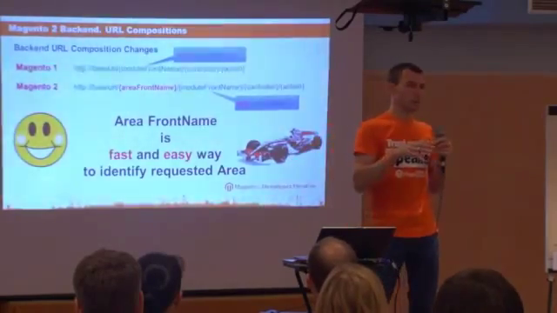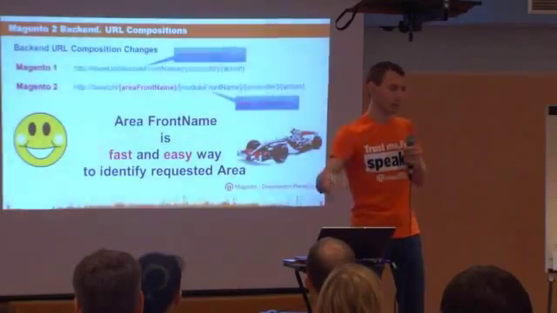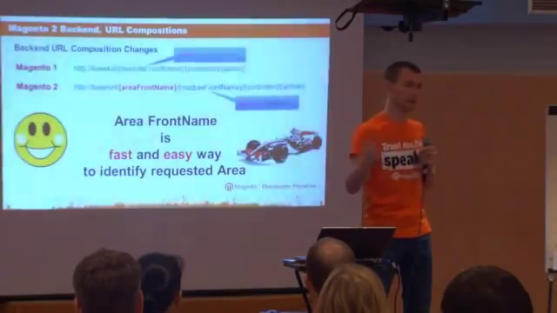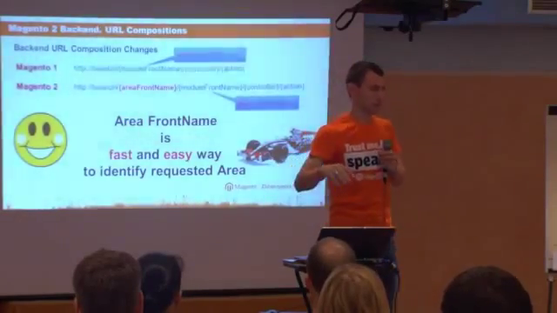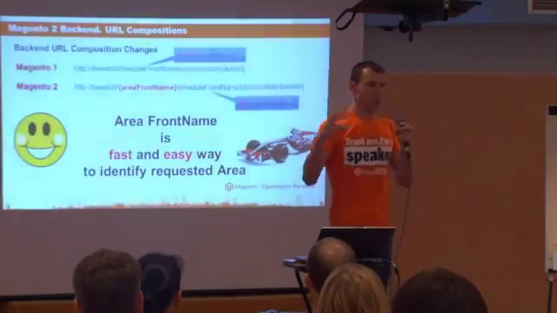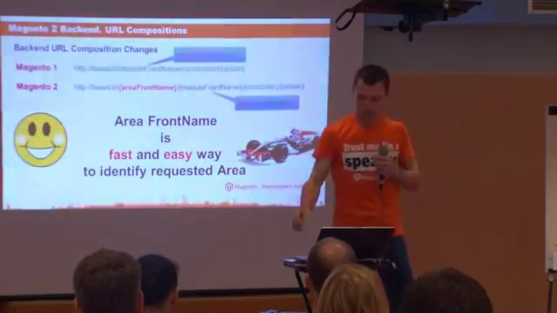Our router doesn't try to find a controller file name, include this file, create a controller instance, and doesn't try to find the action of these controllers. It just compares strings and gives us an answer. Very simple.